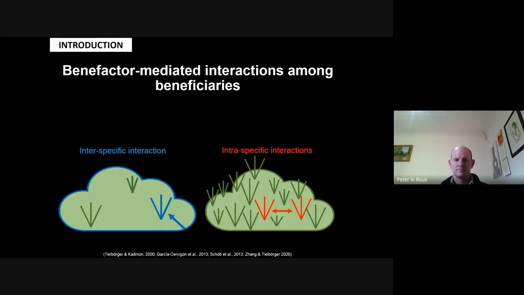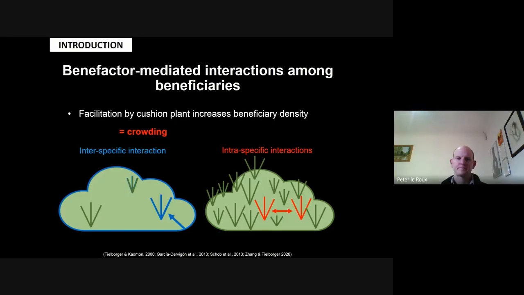In other words, it's possible that facilitation by a benefactor species can result in high densities of beneficiaries, but due to crowding, beneficiaries may not be able to reach reproductive size. Therefore, it's possible that the facilitative positive effect of a benefactor on a beneficiary species could be negated by the negative effect of high beneficiary density on beneficiary reproduction.